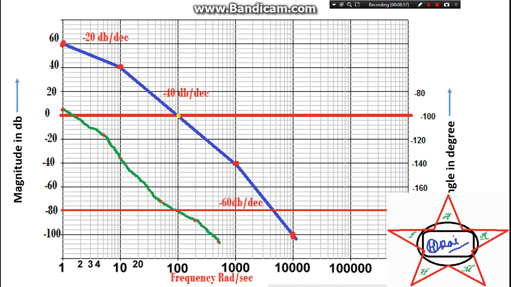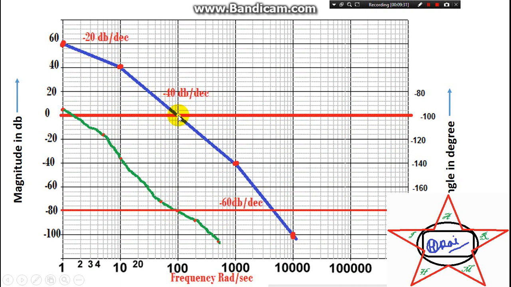Now you draw a line in such a way that it intersects the phase plot. The difference between the minus 180 degree line and this point is nothing but the phase margin. Opposite to that, where the minus 180 degree line crosses the phase plot is the phase crossover frequency. Now draw this line upwards in such a way that it intersects the gain plot somewhere. The difference between 0 dB and the point where it intersects is the gain margin.